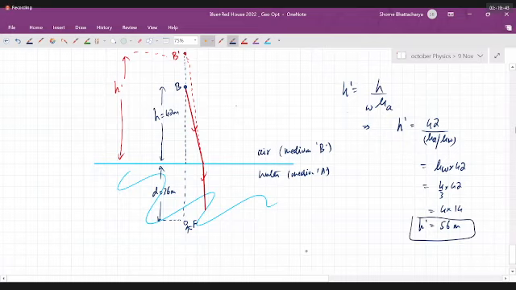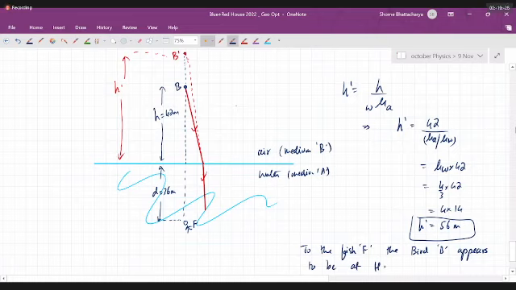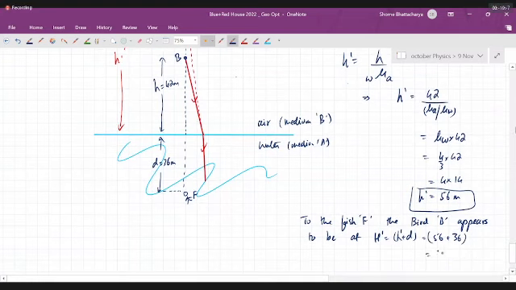So to the fish, the bird appears to be at a height which is... Okay.